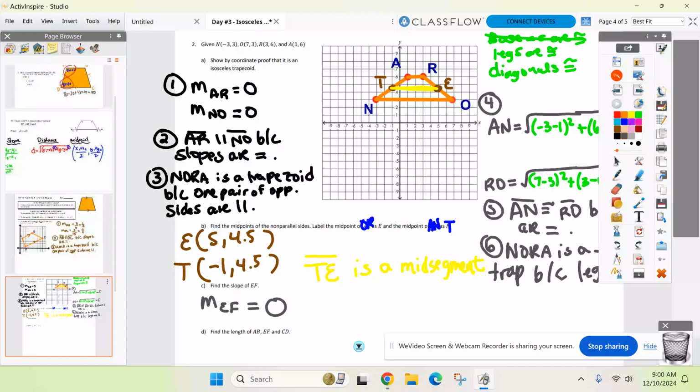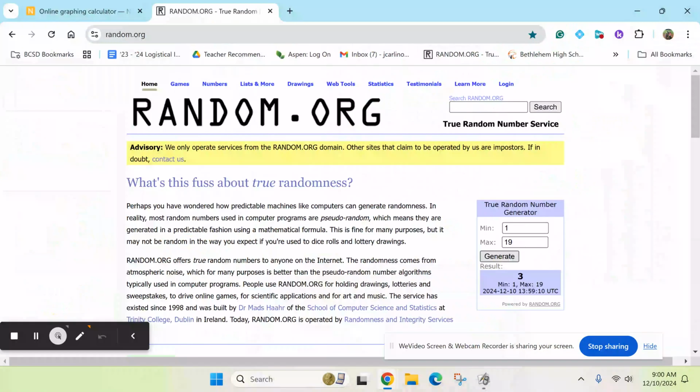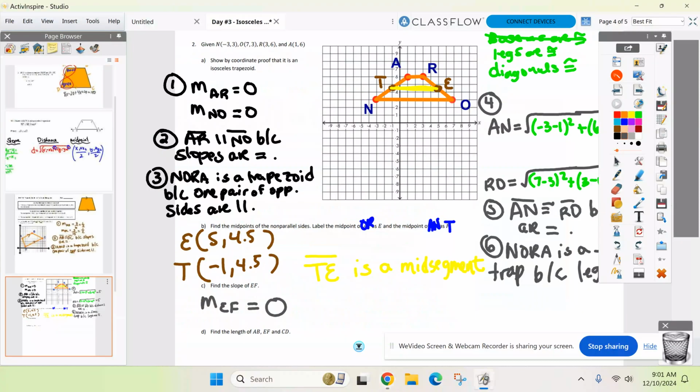I don't want to keep calling them parallel sides. What did we call them yesterday? We had the legs as the congruent sides, but the parallel sides from yesterday, if you got to go back. Yep. The two sides that were parallel were called these.